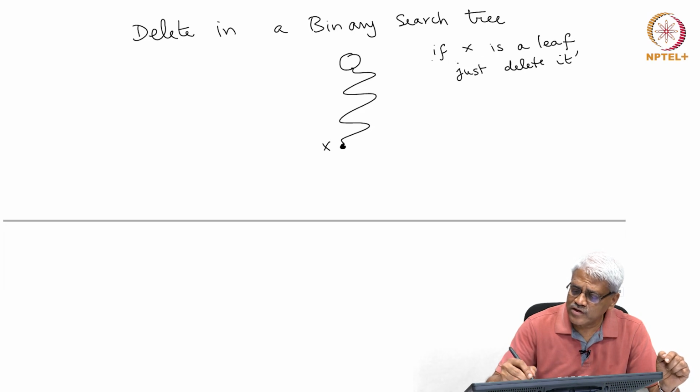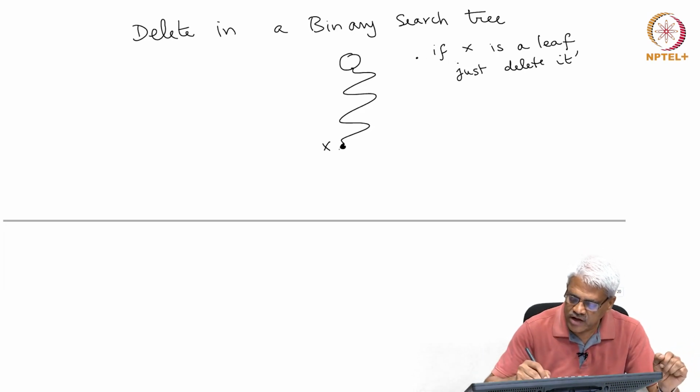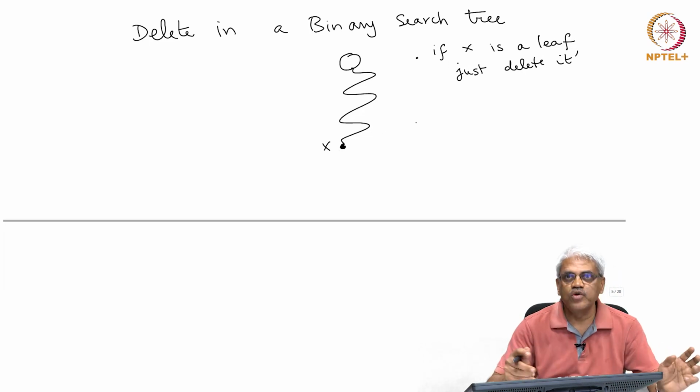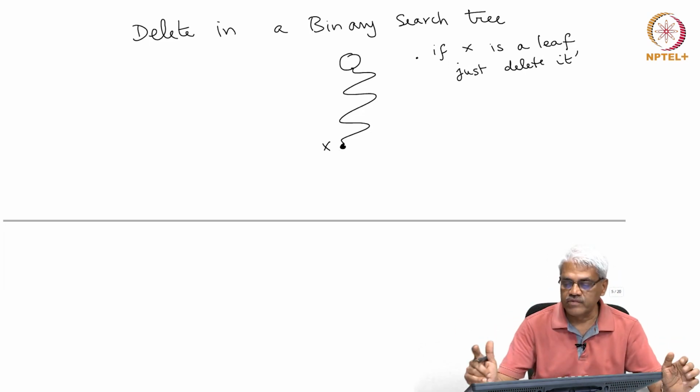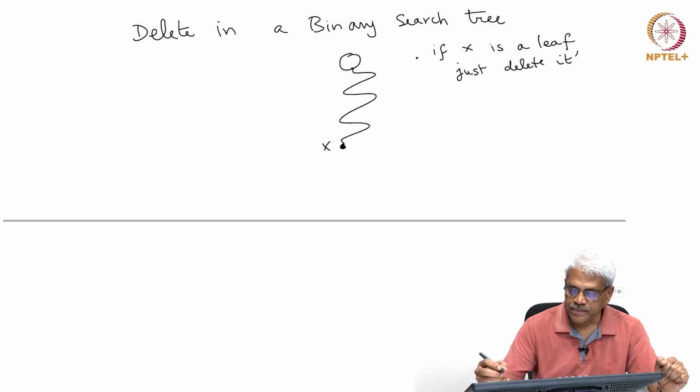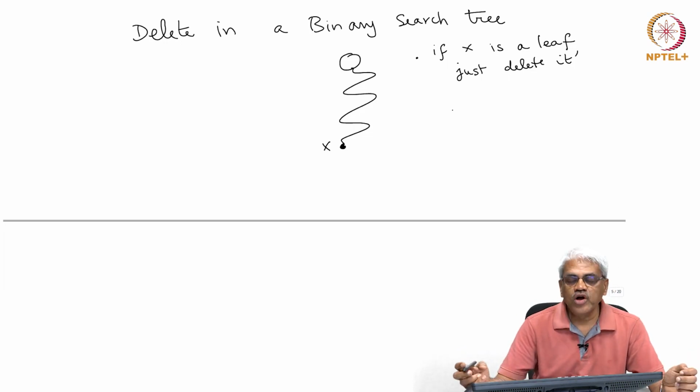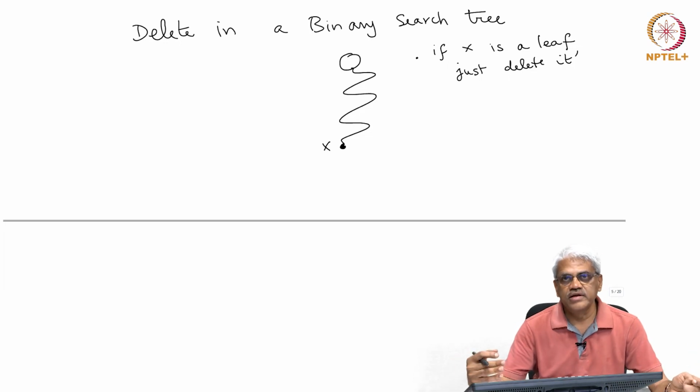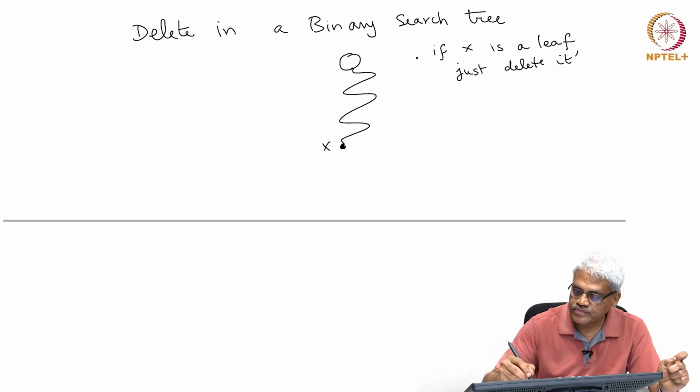There is no one way to do it. I'm just going to give you one particular way. So if x is a leaf, you can just delete that node, adjust the parent pointer, and be done with it. If x is not a leaf, then it has at least one child, either a right child or a left child or both.